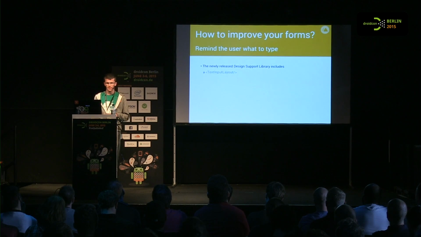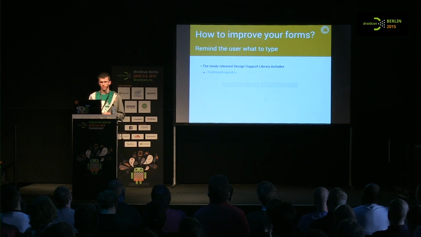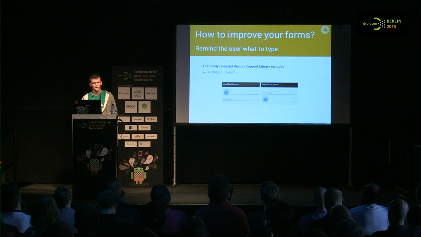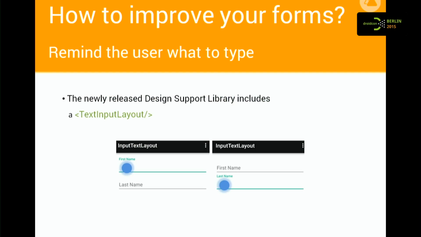So last week at Google I/O, Google released the design support library, and they implemented a small widget called TextInputLayout. This widget handles this problem perfectly. As soon as you focus on your edit text, the hint slides up and will always be visible on your screen. So if you can use it, it's already available. Just use the library and enjoy it.